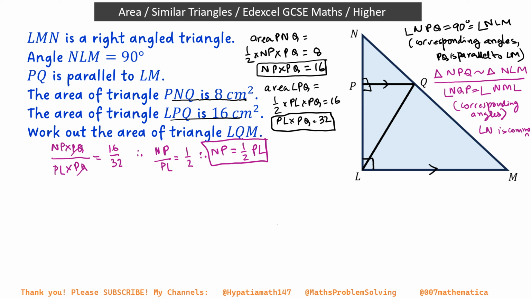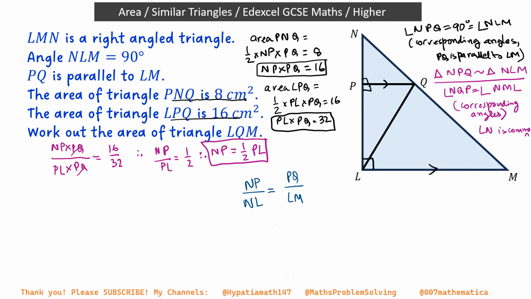Once we have proven the similarity, we can write that NP out of NL is equal to PQ out of LM. Now NP, we know, is half of PL.